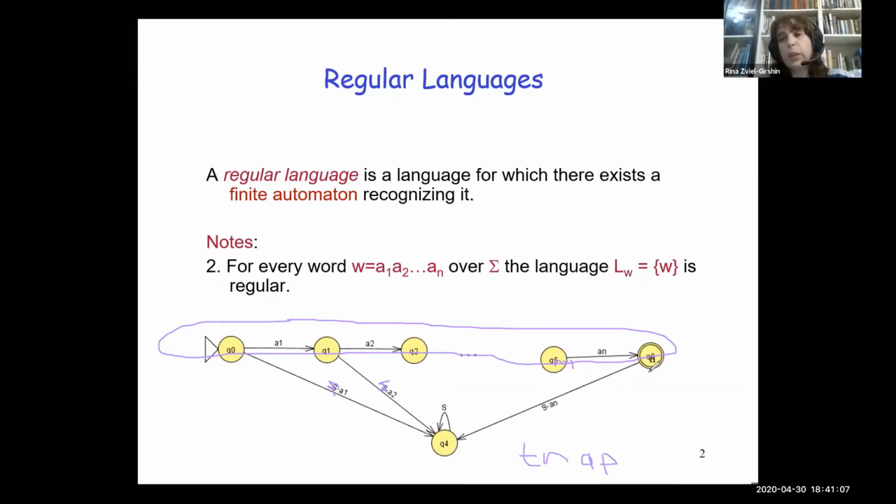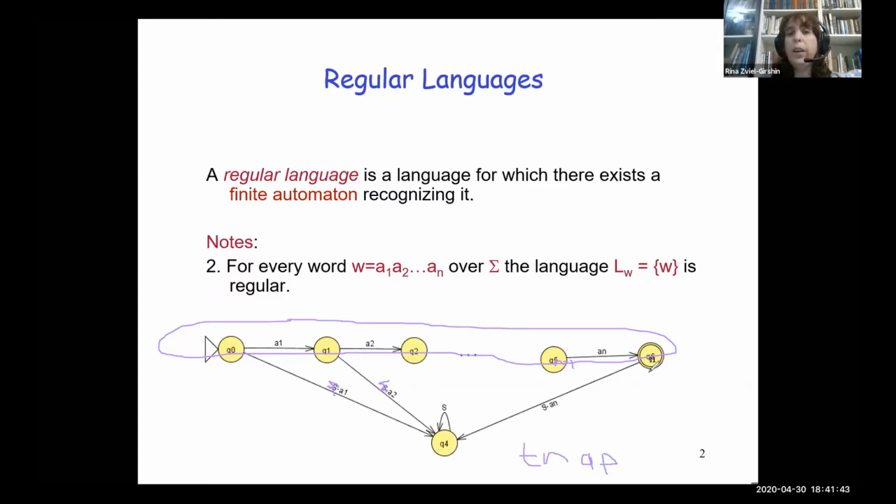So if I'm supposed to accept A1, then for the rest of the letters, which is sigma minus A1, I am moving to Q4. If from Q1 to Q2 I'm supposed to meet in the word W the letter A2, I am moving from Q1 to Q4, the trap state, each time that I see all the rest of the letters, so sigma minus A2, and I continue this way.